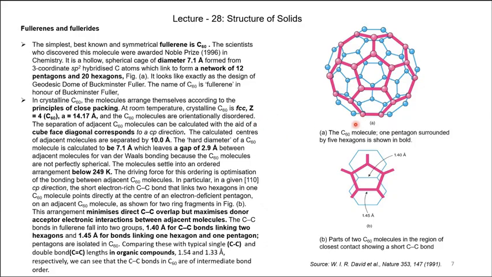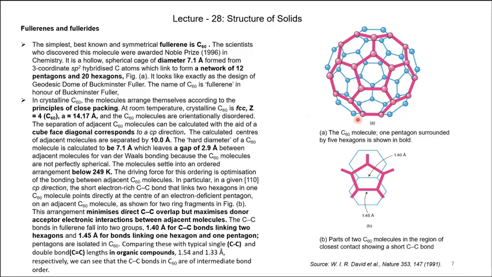Do we see the pentagon and hexagon here? Of course, we do see the pentagon and hexagon here. Here, this is a hexagon. This blue one is a hexagon, and then we see a pentagon here. This is a pentagon of carbon atoms. So a network of 12 pentagons and 20 hexagons.